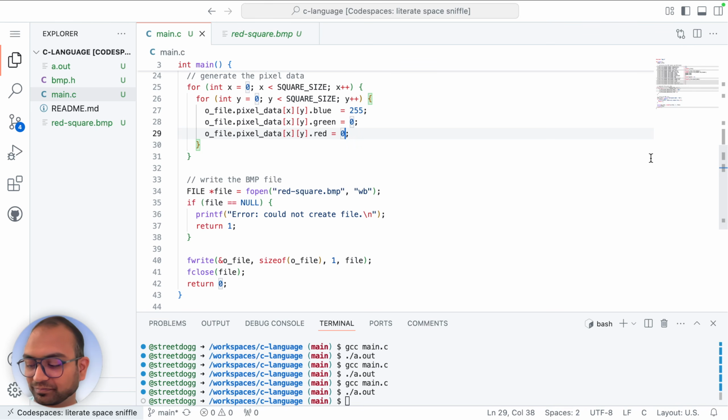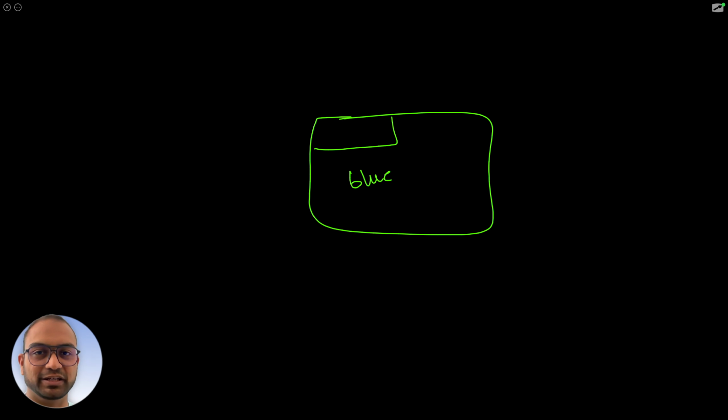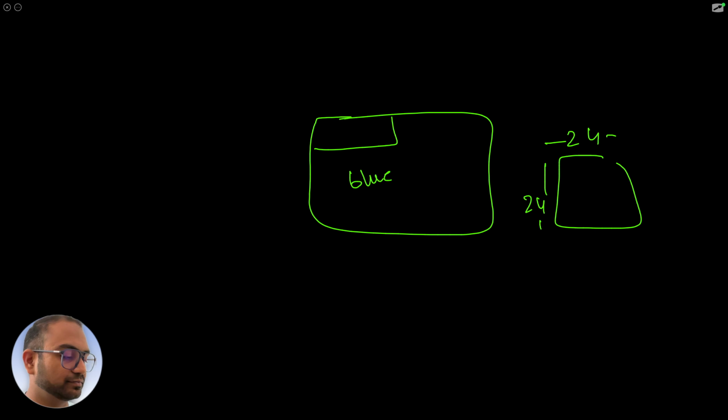So when we executed this program, what this program was trying to do is, first off, create a file that represents the blue color, of 24 by 24 pixels on the screen.